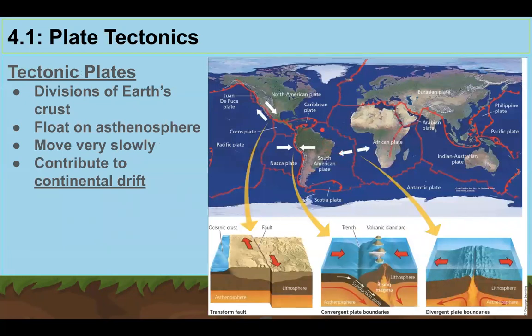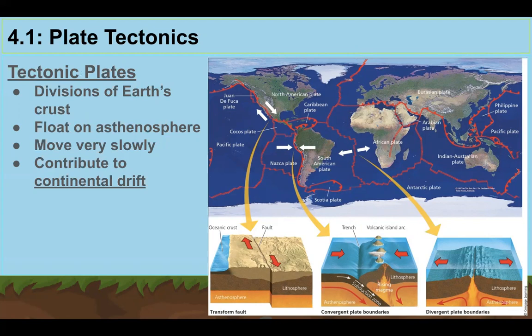Okay, so if we take a look at Earth as a whole, so just a 2-dimensional map right here, we can see all the different plates as well as the divisions. So there are 3 different types of boundaries that form between plates depending on how they move towards each other. Again, these plates are floating on top of the asthenosphere.